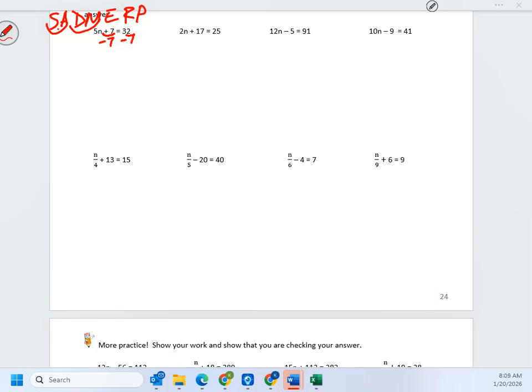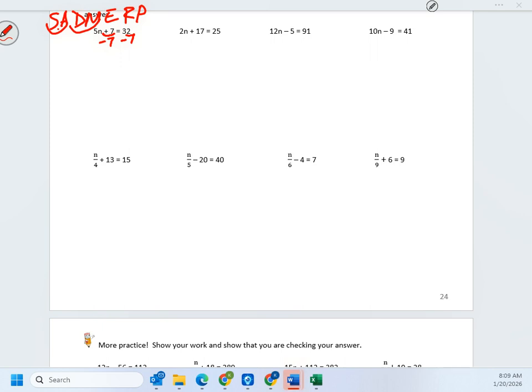We have to do it on both sides. Notice how I'm writing it right underneath. I'm not going over to the side and saying, okay, I know I have to do 32 minus 7. I'm doing it in an orderly manner because I'm going to be doing that funnel. I'm working my way down so I get n equals this number. We're doing that funnel down.